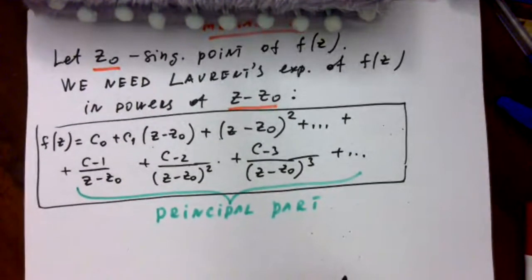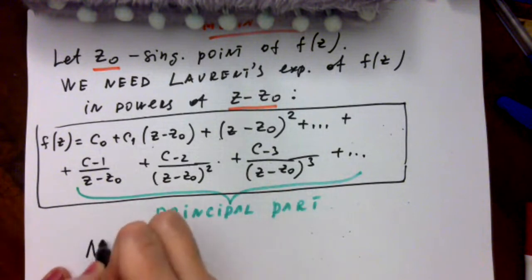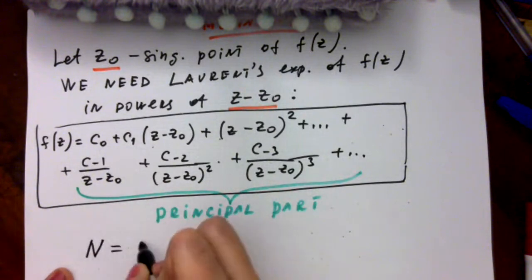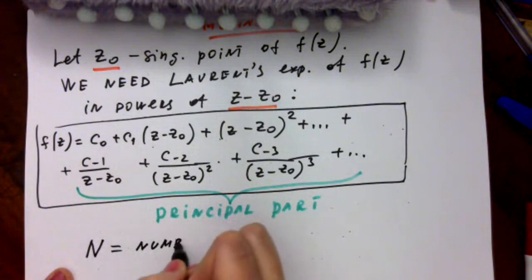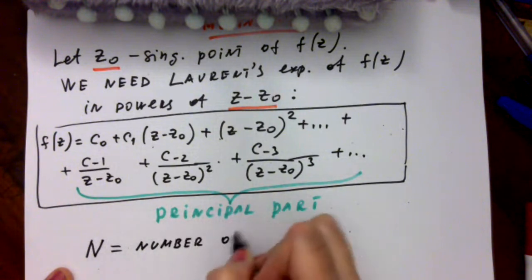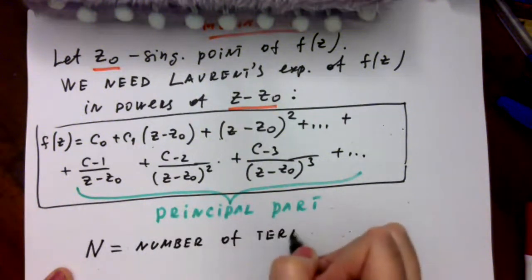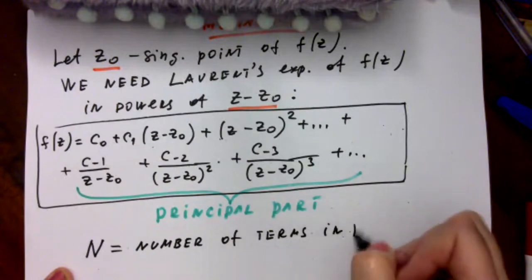It turns out that to determine the type of singularity point, you need to look at this principal part and realize how many terms there are in it. So let's denote it by capital N: N is the number of terms in the principal part.